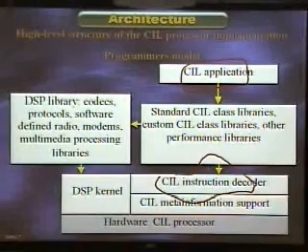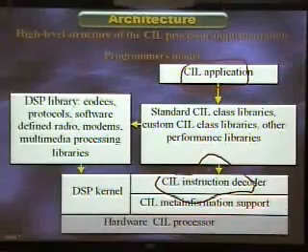And meta-information is processed using DSP-optimized libraries, multimedia libraries. The programmer has two instruction sets in one processor, DSP and CIL. Depending on the desired execution mode, the processor decoder can be switched between DSP and CIL instruction set decoding.